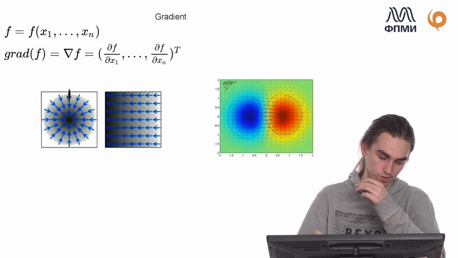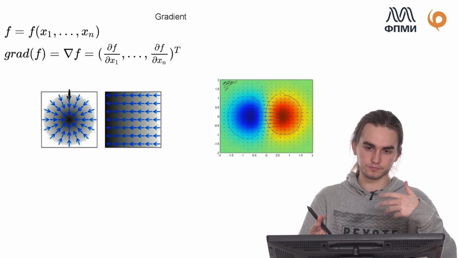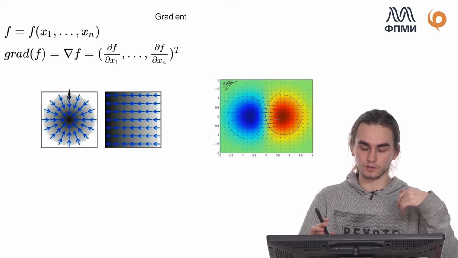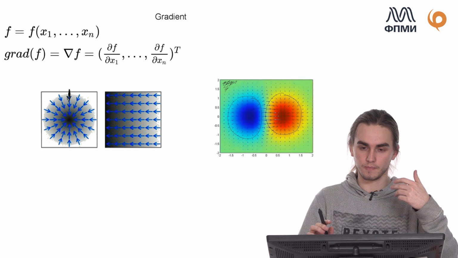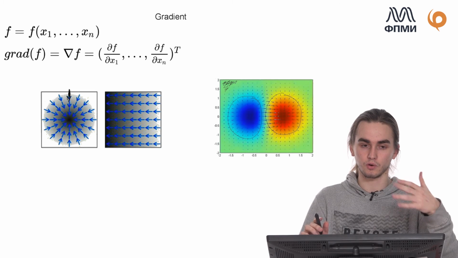So the length of the gradient is like the tangent for the derivative. If it's greater, that means that the function grows faster.